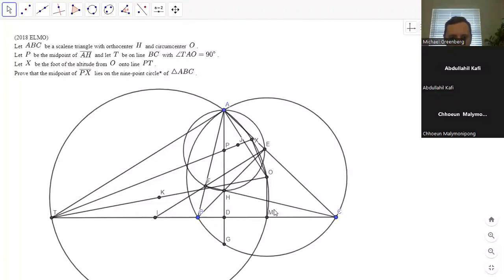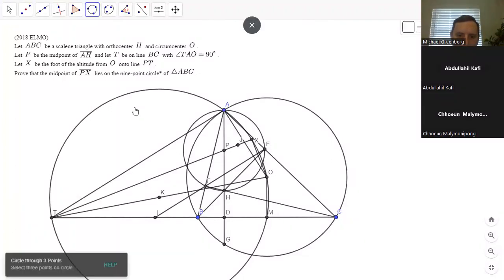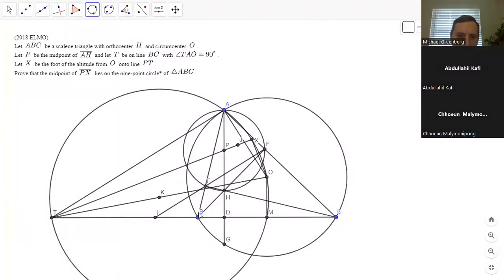Or would that solve the problem, if M, J, and A are collinear? And not only that, that's very interesting. So that makes me think, I wonder if BPXC is cyclic.